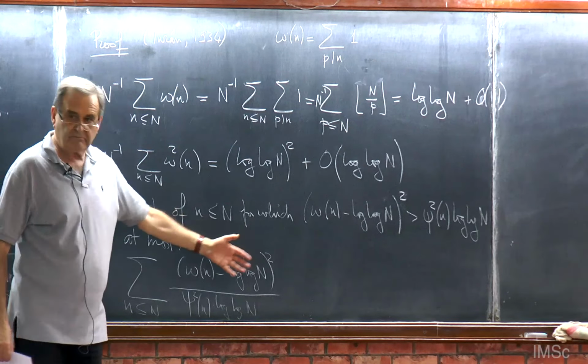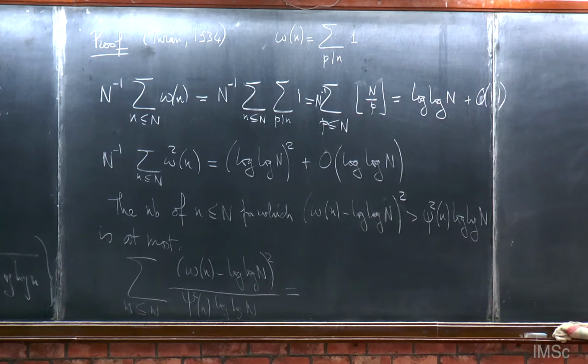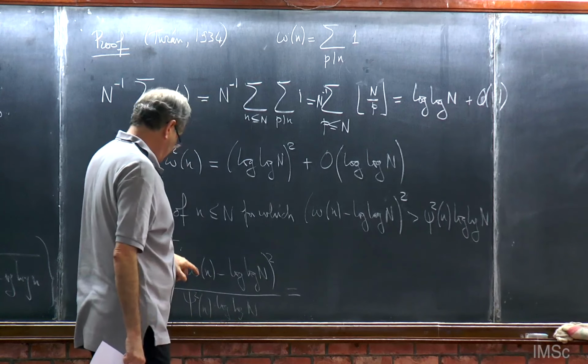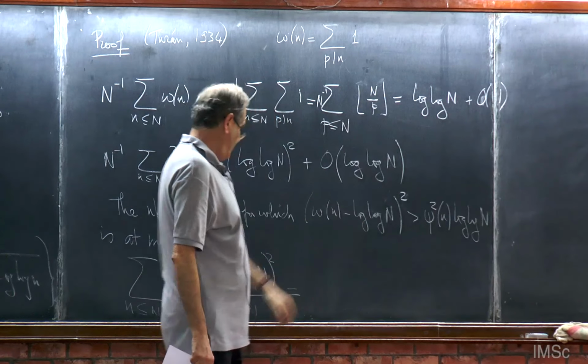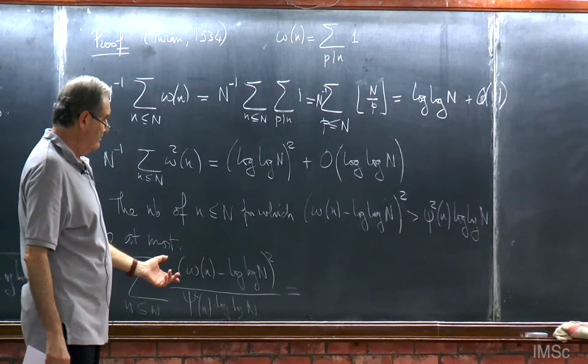And now you are happy with that because you know everything. What can you say about that? Well, omega of n minus log n, you have everything to expand it. When you square it, it will be log n squared. And then you will have the double product, which will give you, again, log n squared, 2 times.